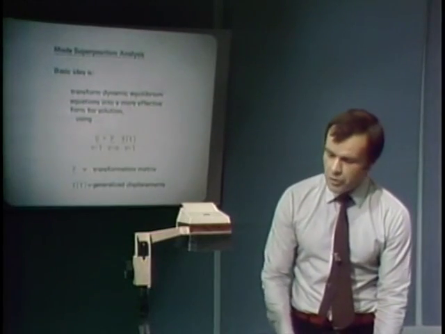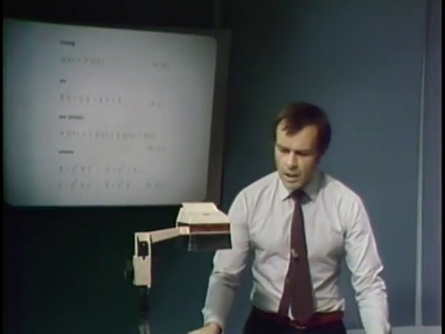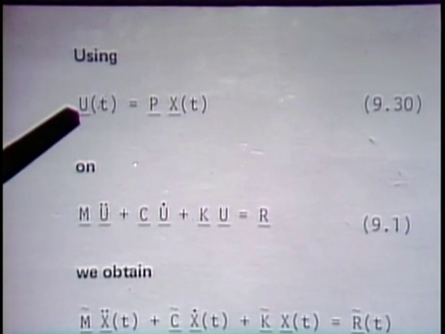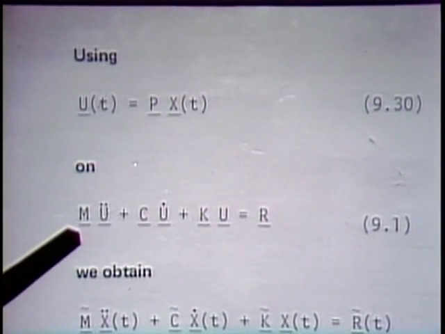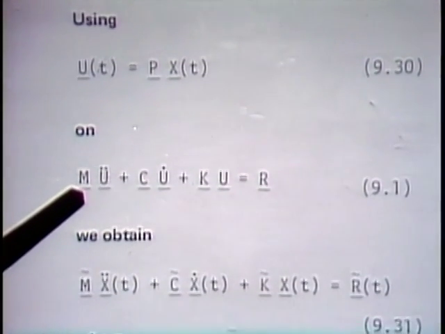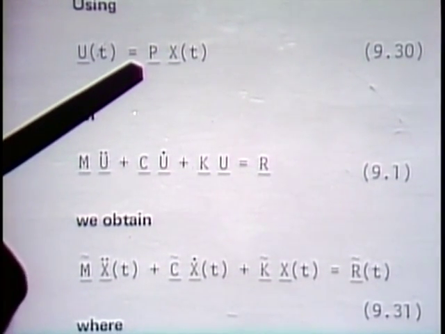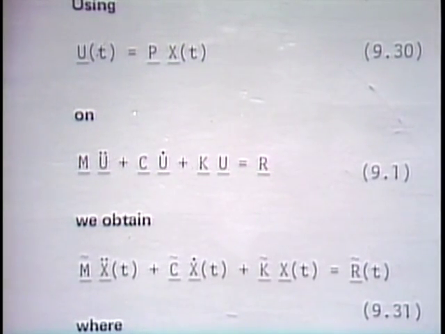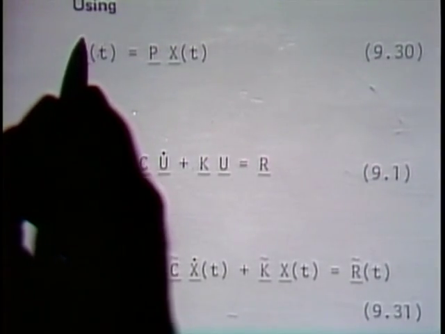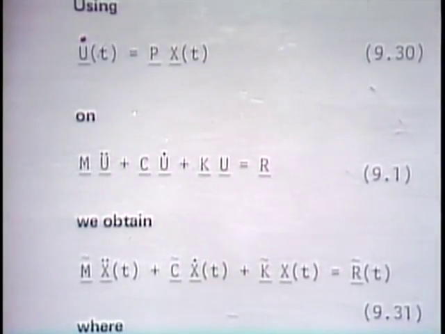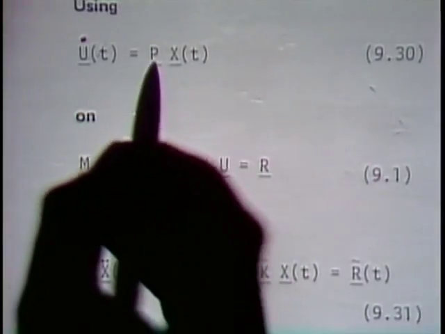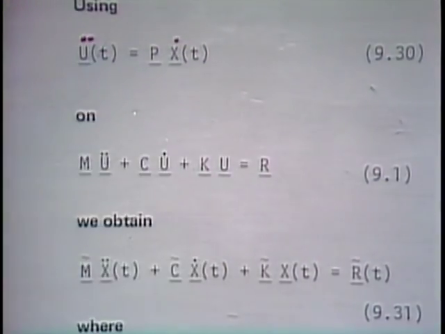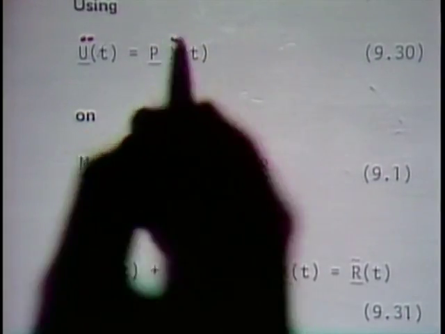Now, if we substitute this transformation into this equation for u, and we postulate that P shall not be a function of time, then when we find the derivative of u with respect to time, let me denote it by a dot here, we simply obtain that u dot is equal to P times x dot, and similarly u double dot is equal to P times x double dot.